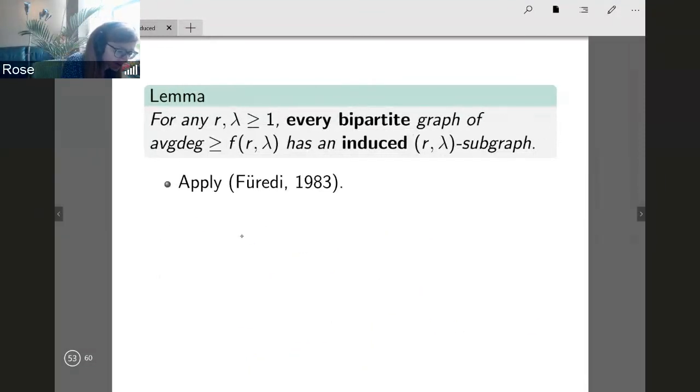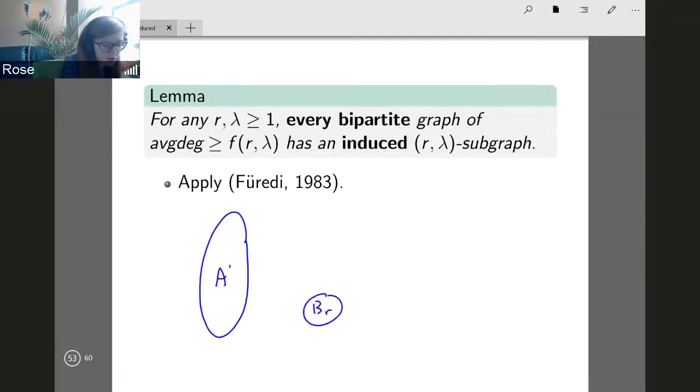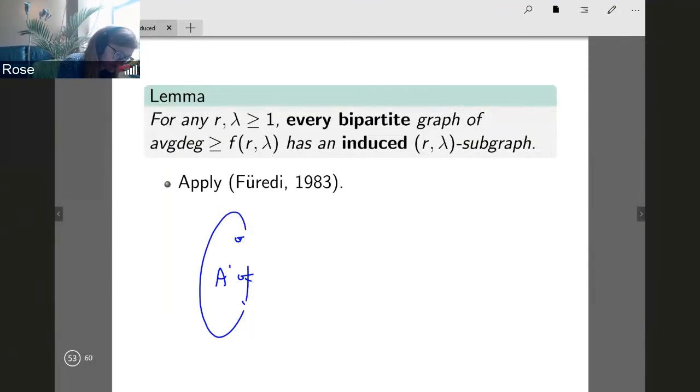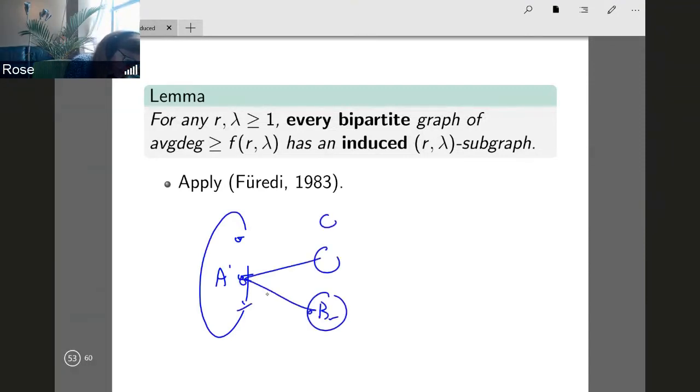So let's just suppose that, say, B_R shared a 4-cycle with every other B_i, right? Something like this. Oops. Sorry, I didn't quite draw that correctly. Let's see, sorry, let me say this. So B_R shares a 4-cycle with every other B_j, so something like that.